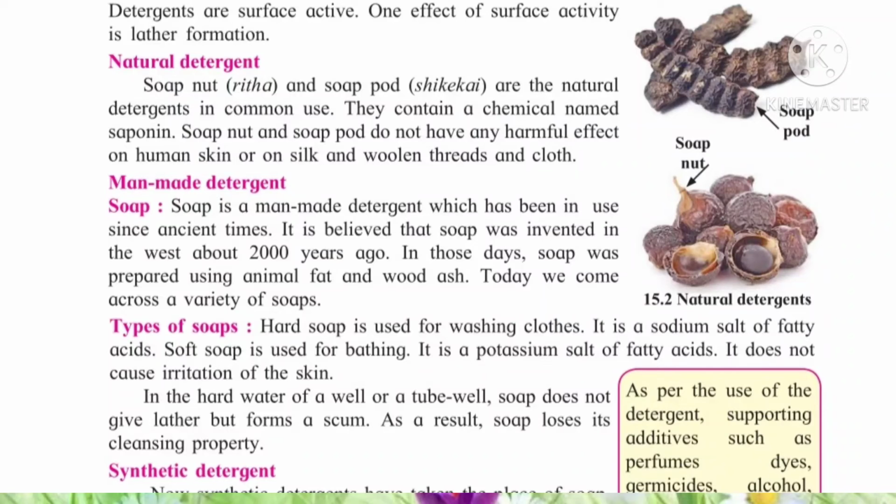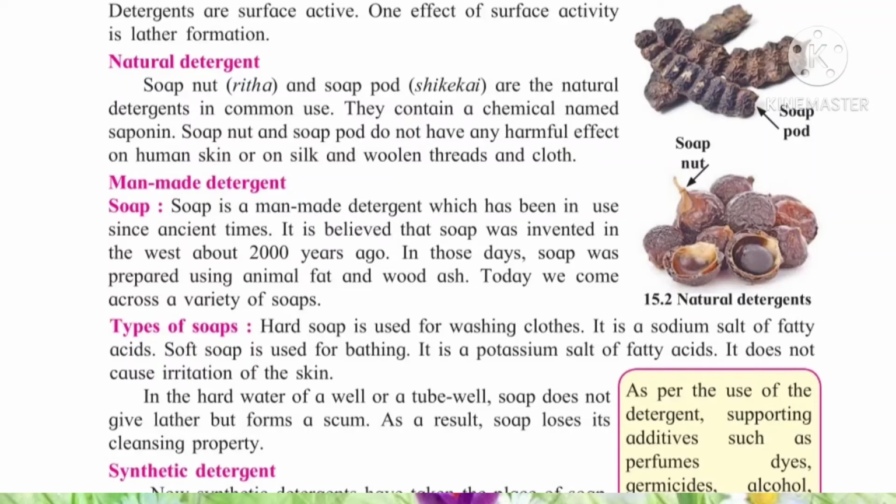Now the next one, man-made detergent. For example, soap. Soap is a man-made detergent which has been in use since ancient times. It is believed that soap was invented in the West about 2000 years ago. In those days, soap was prepared using animal fat and wood ash.